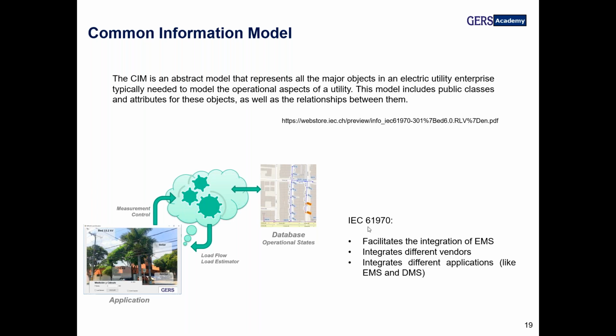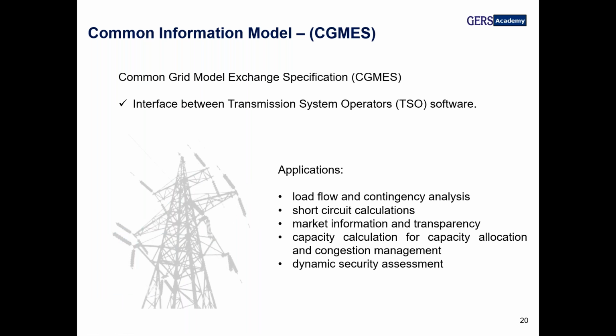For example, the IEC 61970 shows how it was implemented, a standard for the common grid model exchange specification that is related to transmission system operator software. And the applications that you can exchange using this standard are based on load flow and contingency analysis, short circuit calculations, and dynamic simulations.